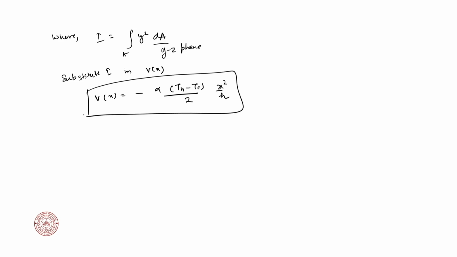So it's a much simpler formula to handle. The maximum deflection v of L is at the free end, and v of L is minus alpha TH minus TC over 2 times L squared over h.